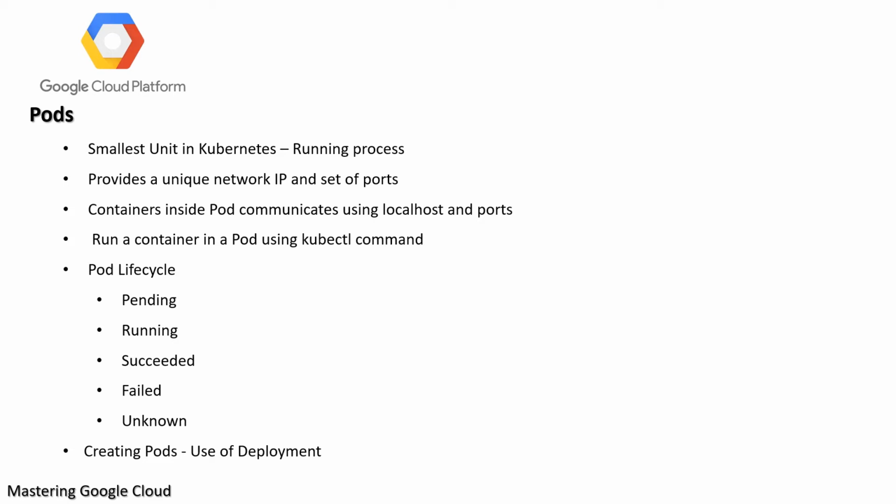Each pod in Kubernetes gets a unique IP address and set of ports for your containers. Containers inside the pod can communicate with each other using localhost and ports that remain fixed as they are started and stopped on different nodes. One way to run a container on a pod in Kubernetes is using the kubectl run command.